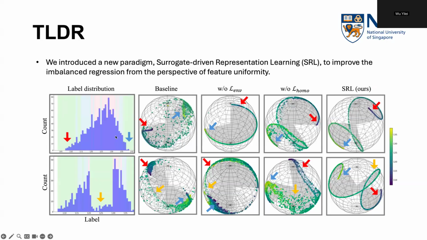The baseline methods tend to create clustered, uneven representations. Conversely, through proposed geometric constraints, we achieve uniform coverage across the entire feature space. The colors represent different label values, and you can see how our method spreads the entire range uniformly across the sphere, which benefits the minority samples.